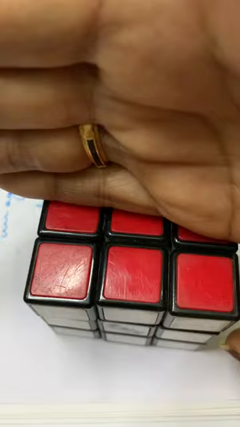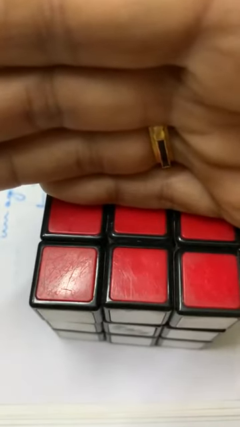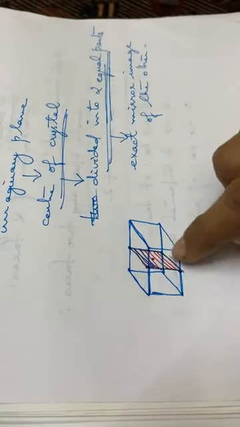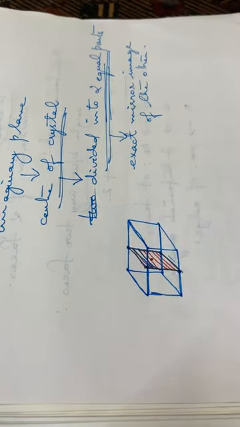We can say that this is a plane of symmetry which the cube has. So that is the definition for plane of symmetry.